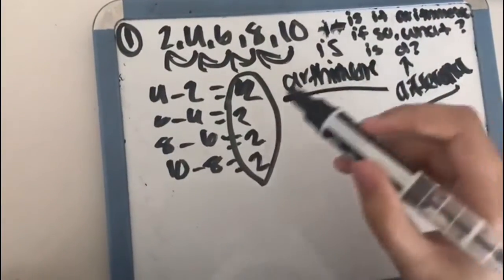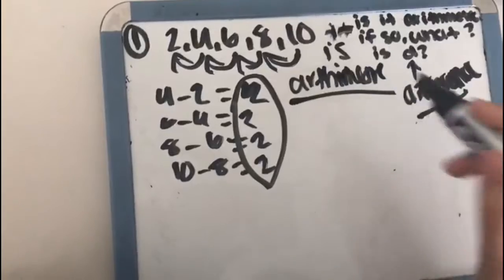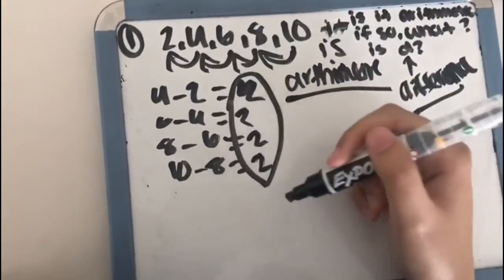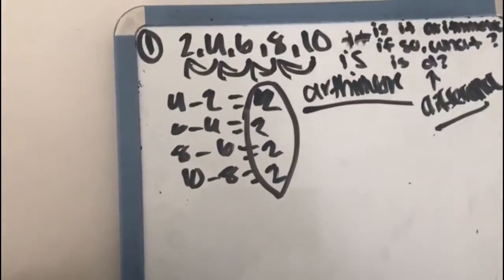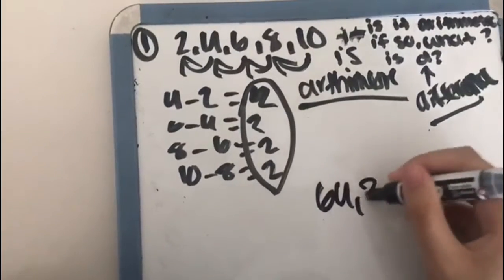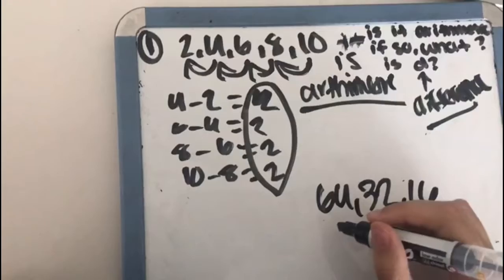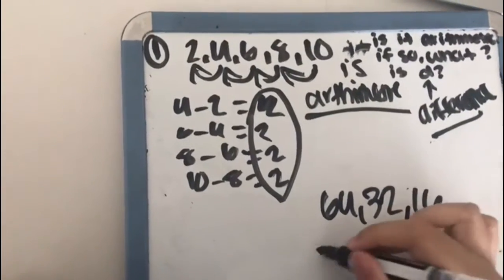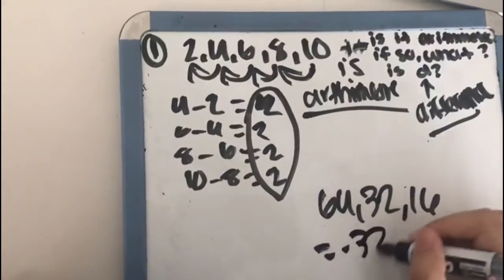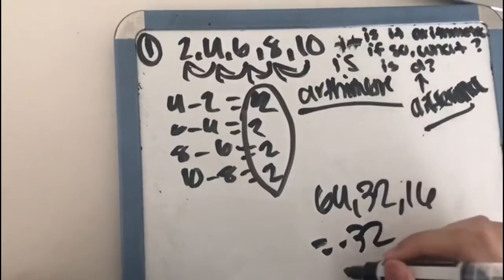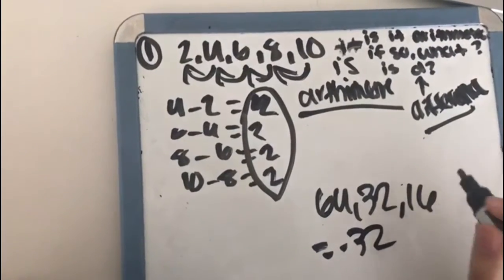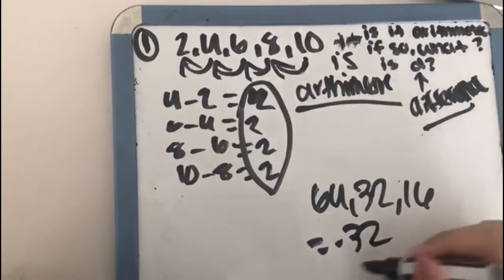Okay, listen. The only way it is arithmetic is when the differences are the same. Now, when the numbers aren't the same, for example, if you had 64, 32, and 16, then 32 minus 64 is negative 32, right? And 16 minus 32 would be negative 16.